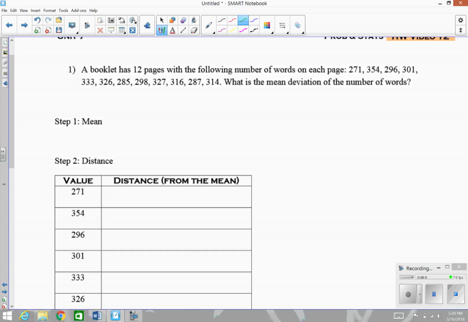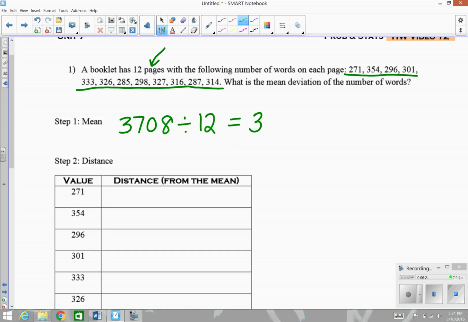So we start by adding up these values, and you should get 3,708 divided by 12 because there are 12 values here to represent those 12 pages. And when you divide, we get an average, or a mean, of 309.